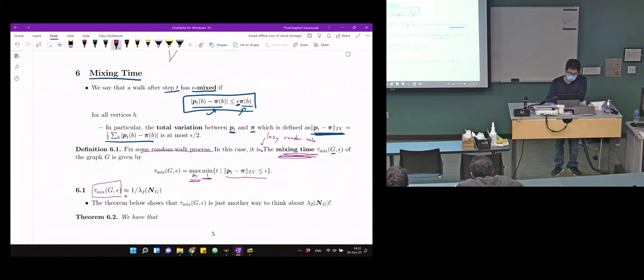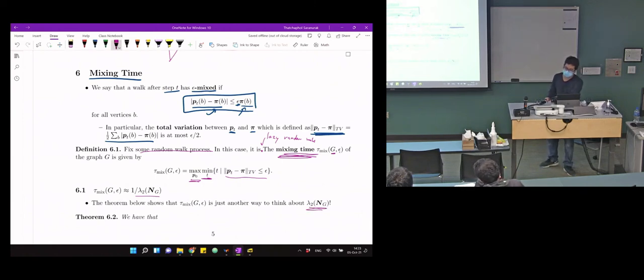mixing time is basically 1 over the second eigenvalue of the normalized Laplacian. So we have seen the normalized Laplacian and its second eigenvalue.